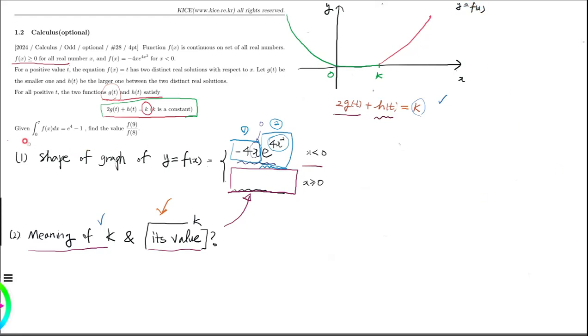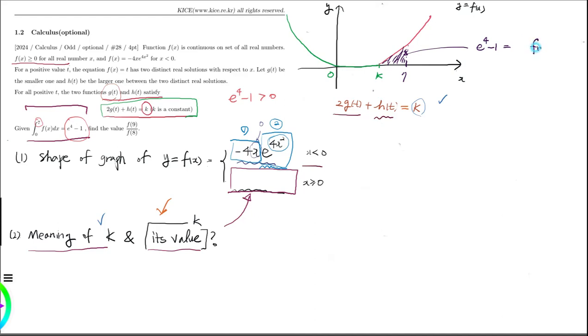To figure out the specific value of k, we have to use the specific value of the integration from 0 to 7. Since e to the fourth power minus 1 is positive, the ending point 7 should be larger than k, so that the area of this part will be e to the fourth power minus 1.